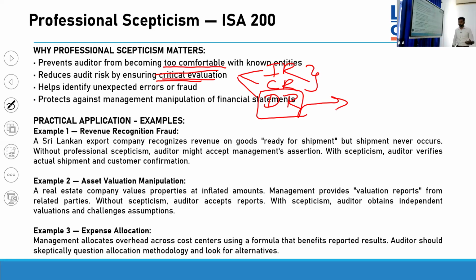If we fail to detect the risks, it will lead to an inappropriate opinion. So that is the detection risk. If we apply professional skepticism, we can reduce our audit risk.